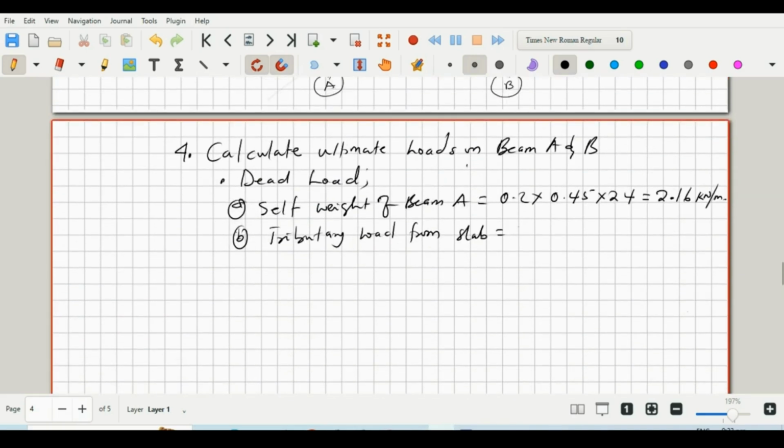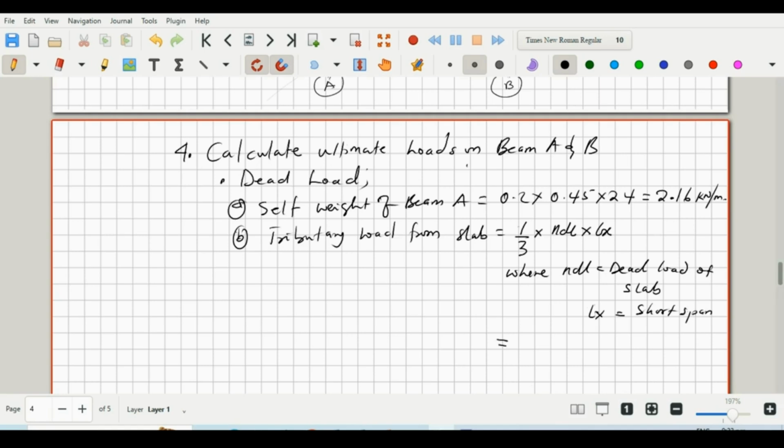That is giving us 1 on 3 multiplied by NDL multiplied by LX, where our NDL is the dead load of slab, and LX is the short span.